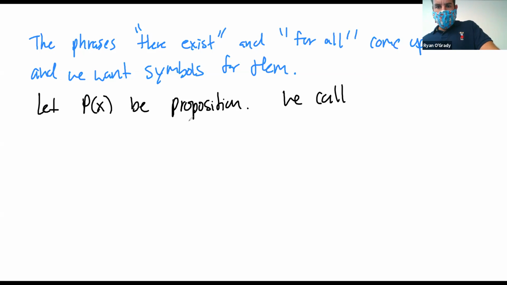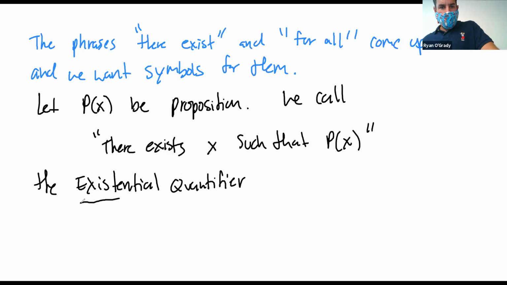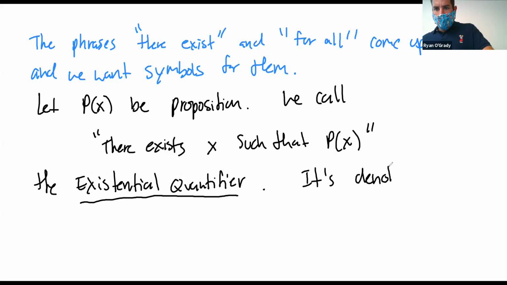We call "there exists x such that P of x" the existential quantifier. It's denoted with a backwards E, P of x.